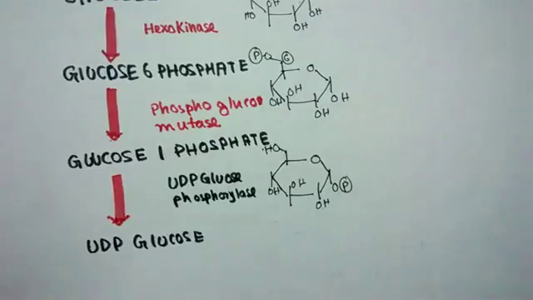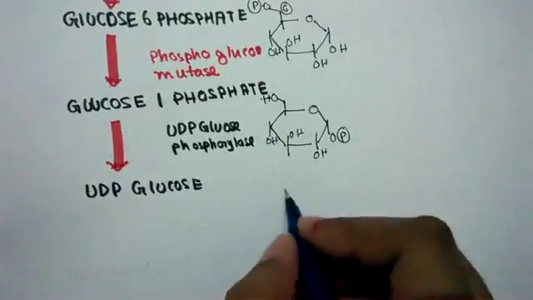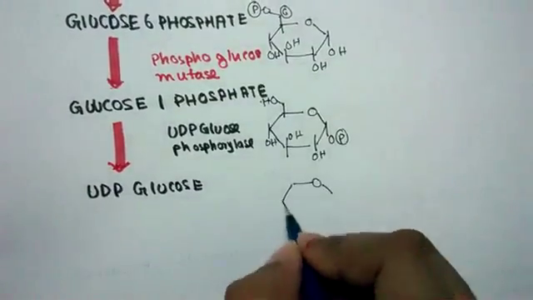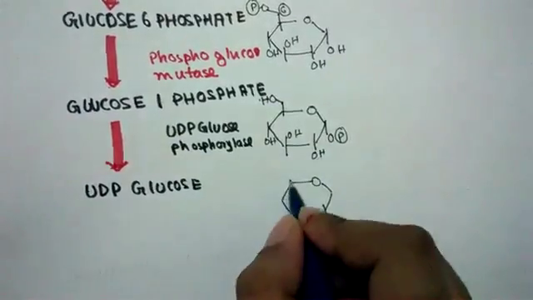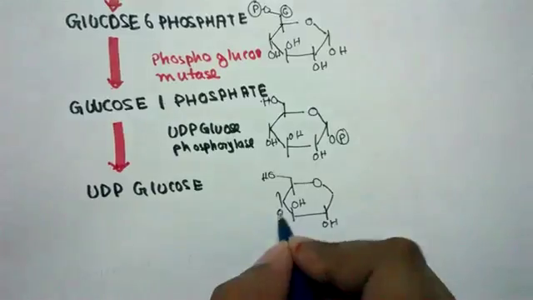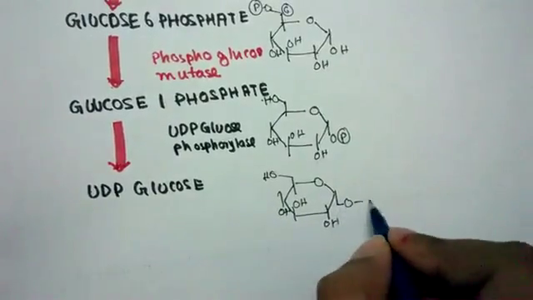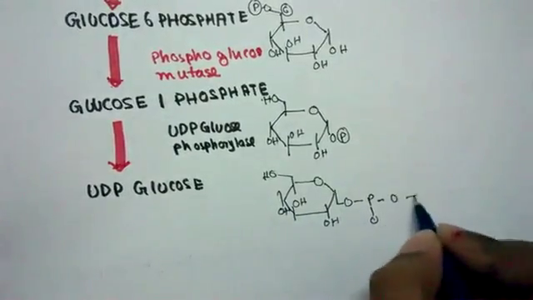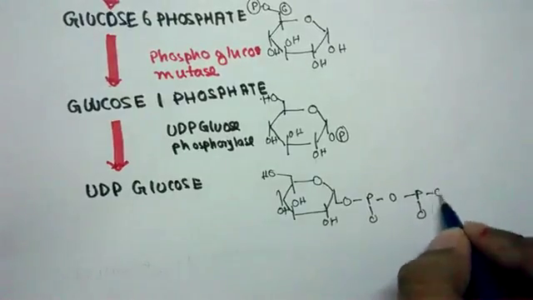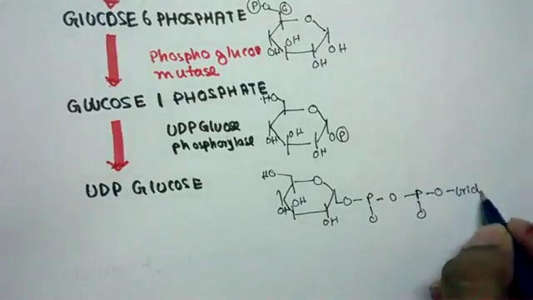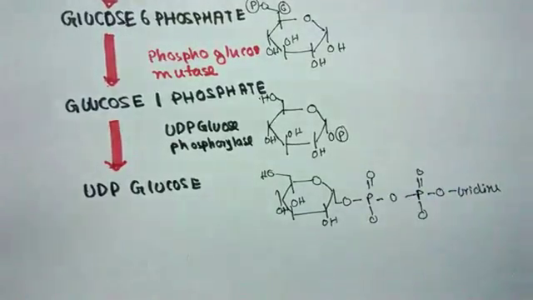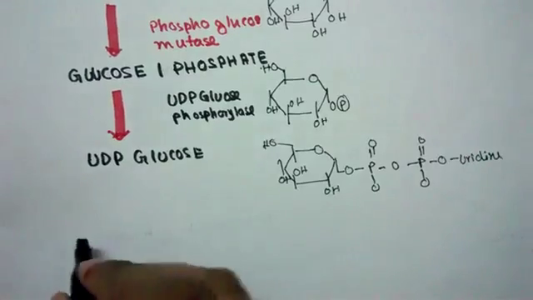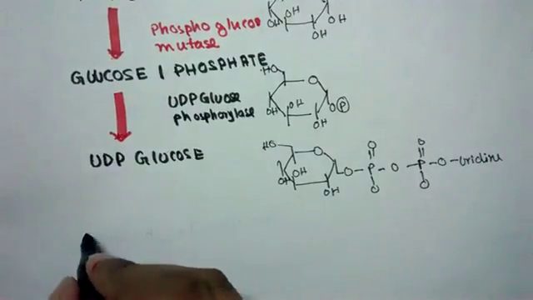So now it would be converted into UDP glucose, and UDP glucose would look somewhat like this. This is the structure of UDP glucose, with a uridine moiety attached. And UDP glucose is very important for addition into a preformed glycogen polymer.